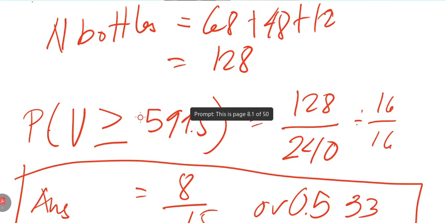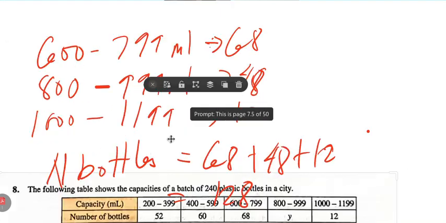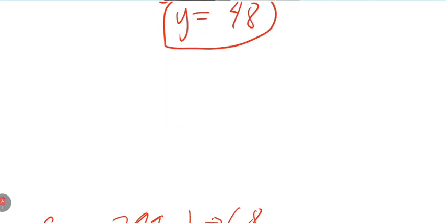The second question asks that V does not lie in the range of 399.5 less than or equal to V less than 999.5. Let's find the value for it. Looking at the table for this one, since this is B, let's write B here.